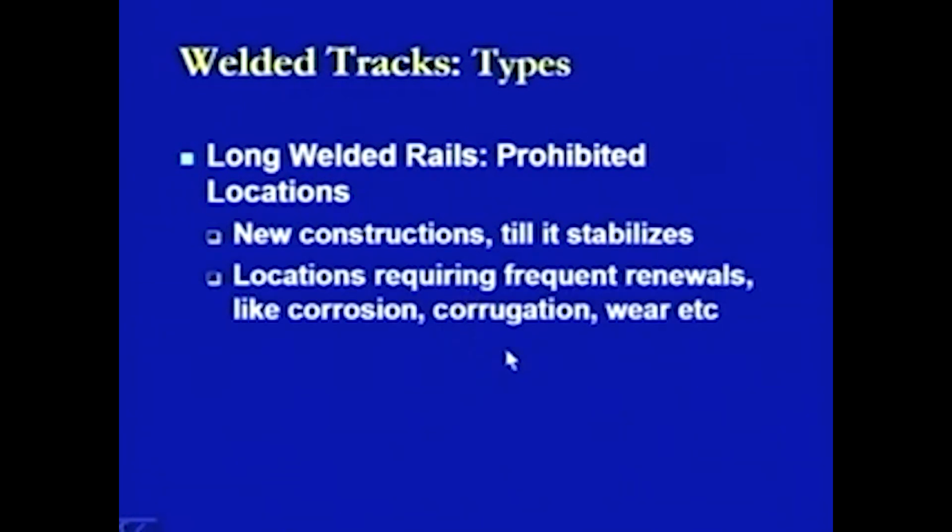Another case is the locations which require frequent renewals, like the places where there is more corrosion, corrugation, wear, etc. As we have seen, this happens in locations near the coastal areas, or in locations like tunnels, where the wear of the surfaces or the overall rail section is more as compared to other locations.